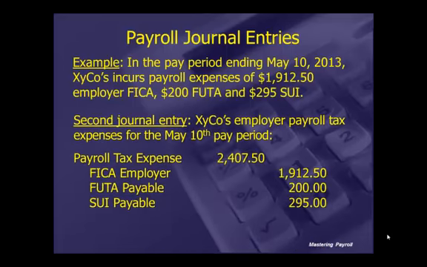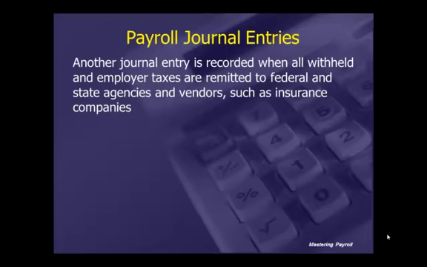The second journal entry then is to list the $1,912.50 as the FICA employer payable, the FUTA payable of $200, the state unemployment insurance payable of $295, for a total payroll tax expense of $2,407.50.